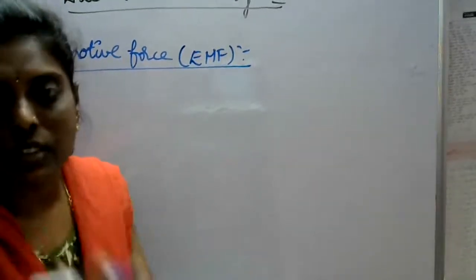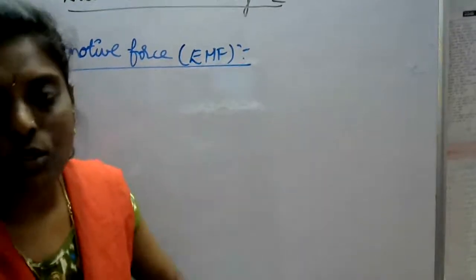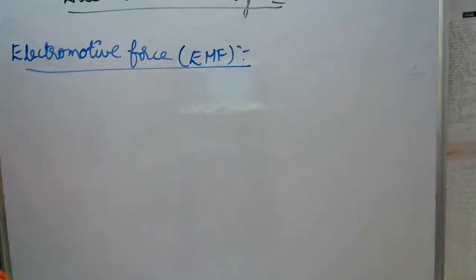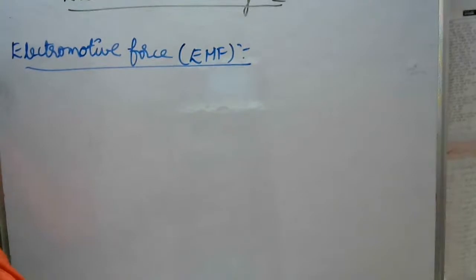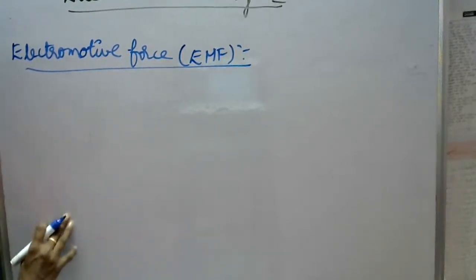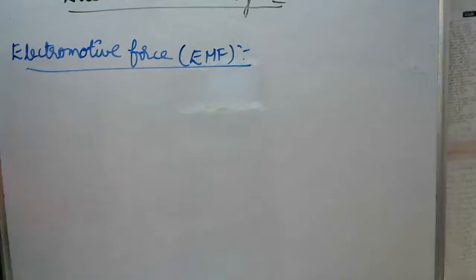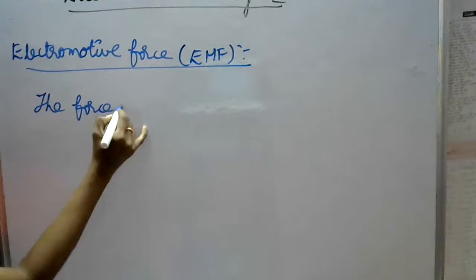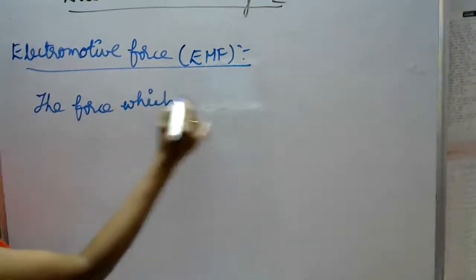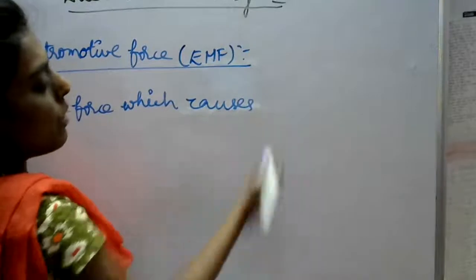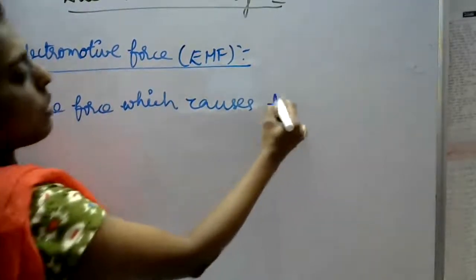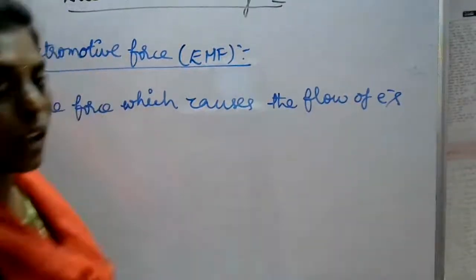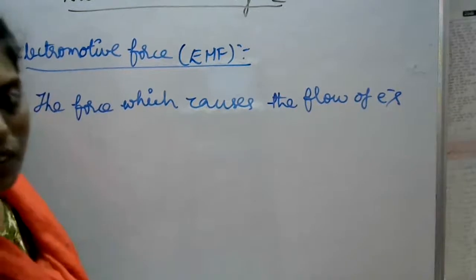This potential difference is measured in volts, and we can write it as the force which causes the flow of electrons from the higher electrode to the lower electrode.